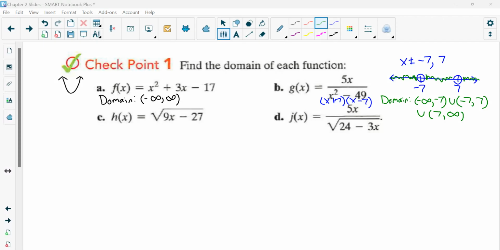So whenever we have a square root, what we're going to do is take the radicand. Remember, the radicand is just what's underneath the square root. And we're going to say, all right, well, what's underneath there has to be greater than or equal to 0. So we just solve that inequality then.